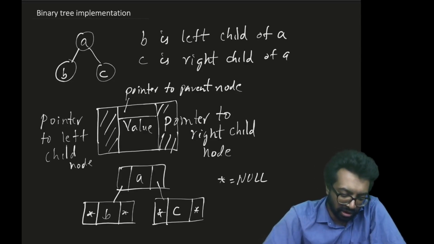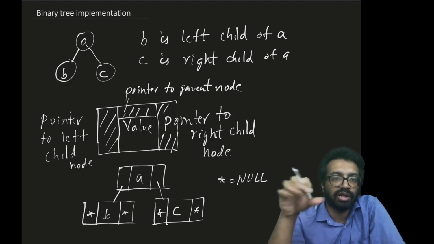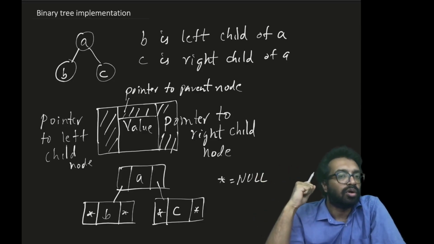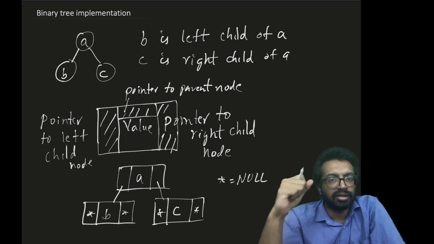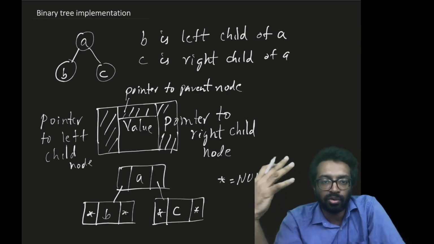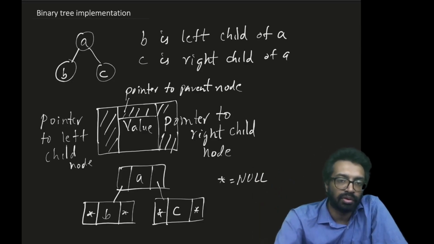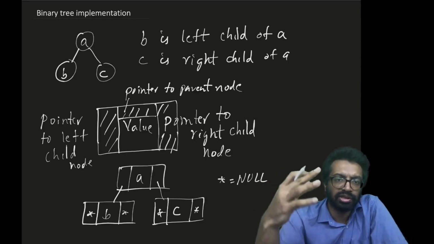So this is clear. So now if you want to include a parent pointer, there will be three pointers in the node and the value. Okay. It's good. Now all the questions which we addressed earlier, you can ask here. Given a node of a binary tree, how do I find the height of the node? Or how do I find the depth of the node? All these things you can answer here.